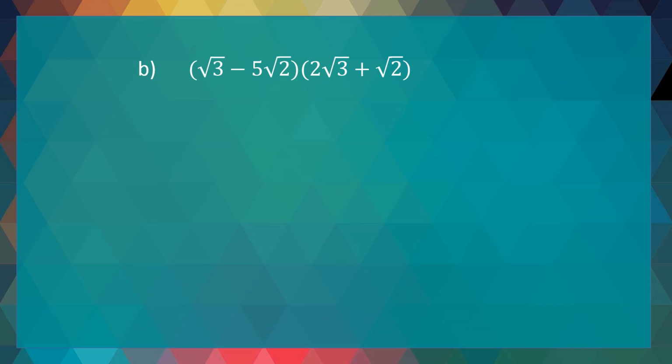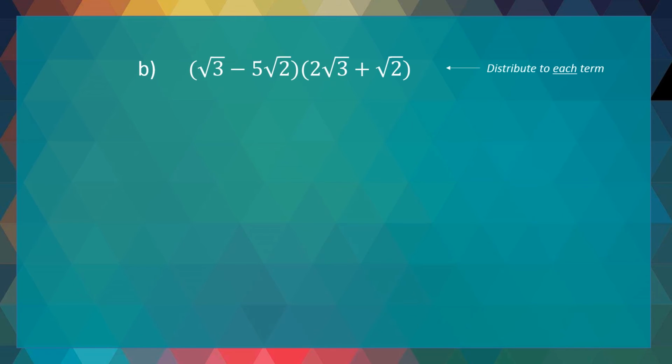B, I have parenthesis square root 3 minus 5 square root 2, close parenthesis, open parenthesis, 2 square root 3 plus square root 2, close parenthesis. In this case, we have a binomial times a binomial.